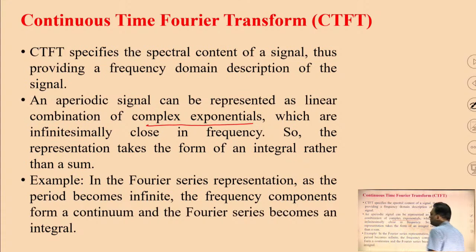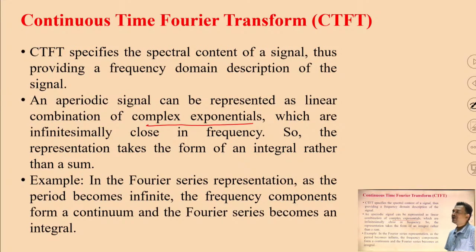If you take the example of Fourier series representation, because the signal is periodic, there will be some definite period in it. But let us suppose we are taking a case of an aperiodic signal. In case of an aperiodic signal, the period value is infinity.